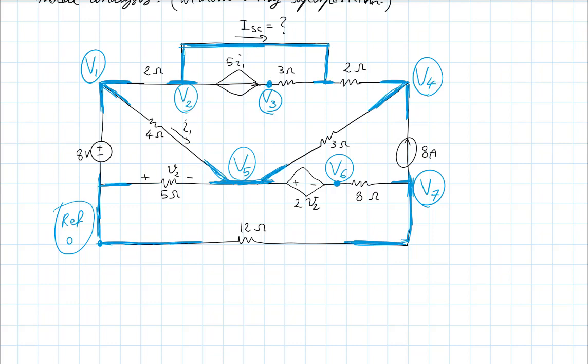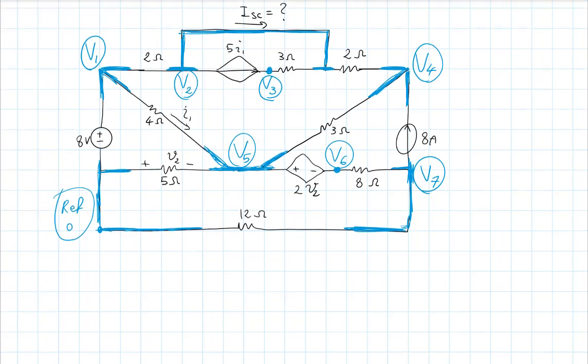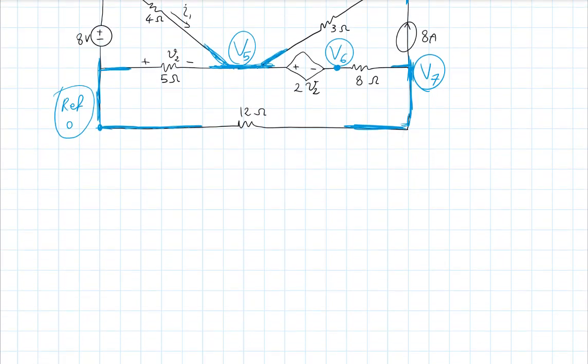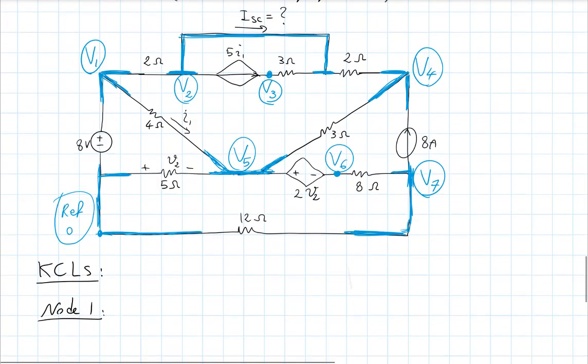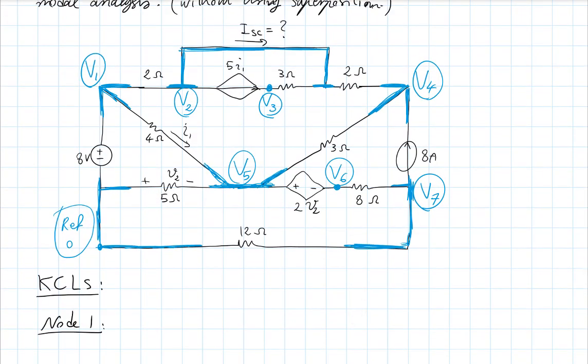So let's start writing it at node 1. KCLs. So at node 1. Oh, sorry. There was a resistor there. I don't know what happened.